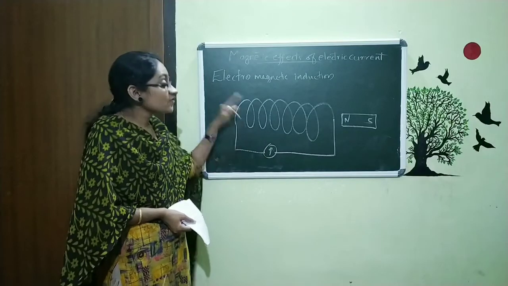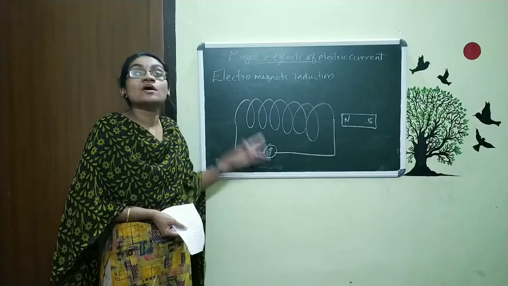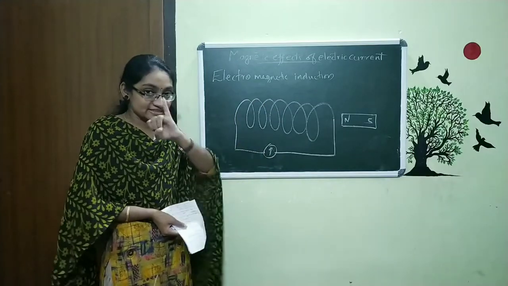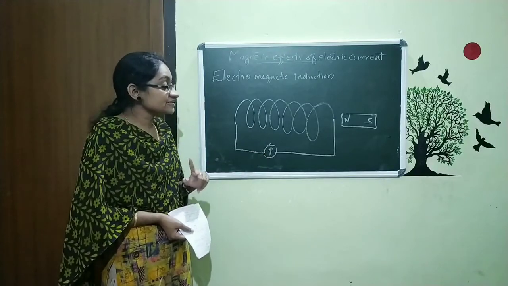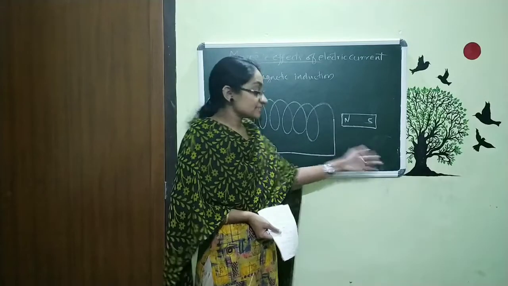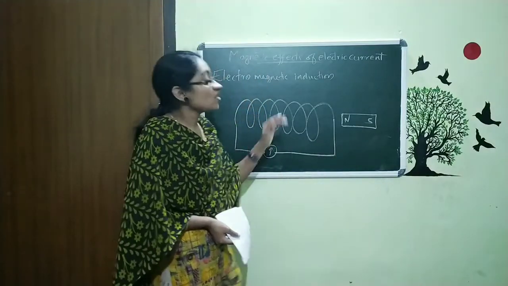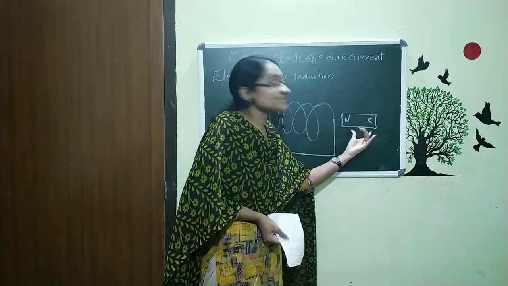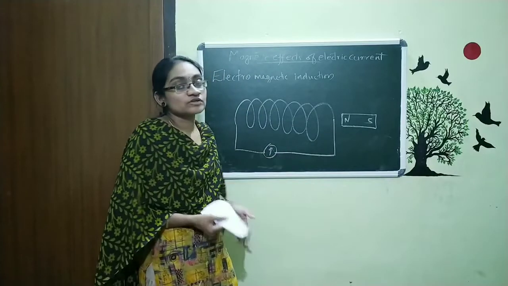That means when the number of coils increases, more electricity is produced. That is one thing the induced current depends upon. The second thing is when the power of the magnet increases, the deflection also increases. That means whenever the magnet is higher power, the induced current is also higher.